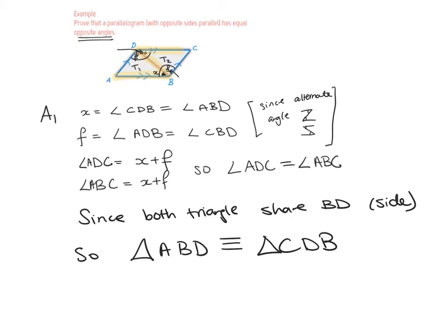It's angle 1, angle 2, and a side. And given the side is between the two angles, we can conclude that these two triangles are congruent using the angle side angle rule.